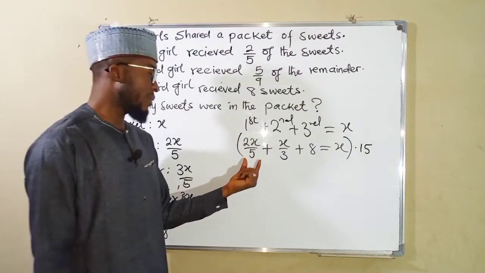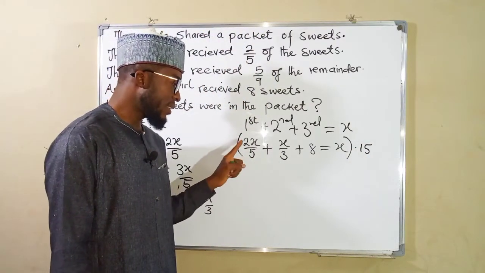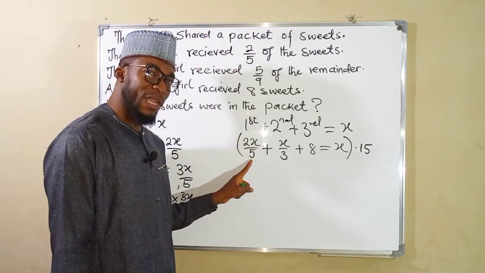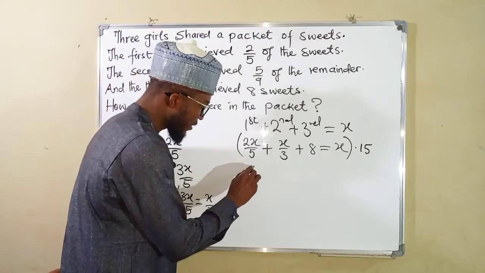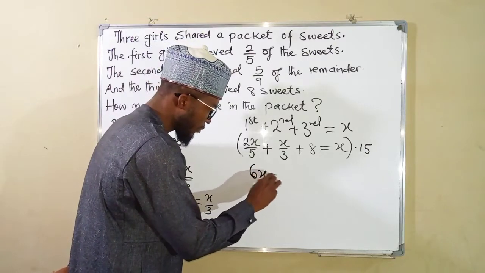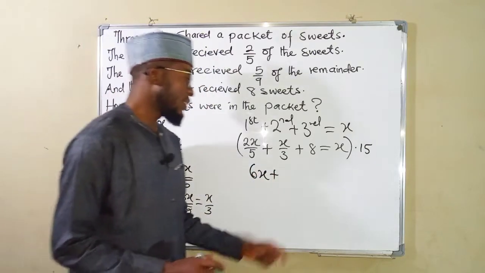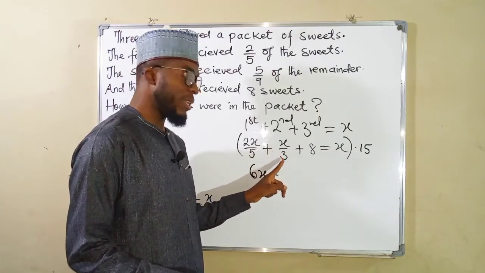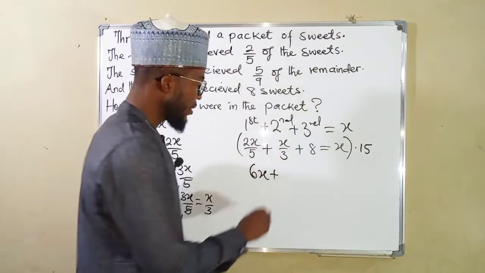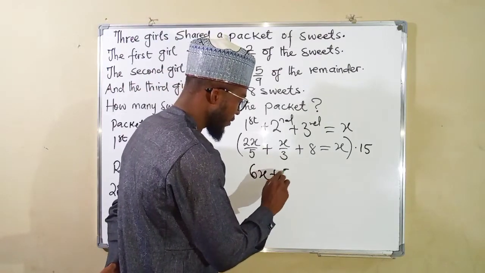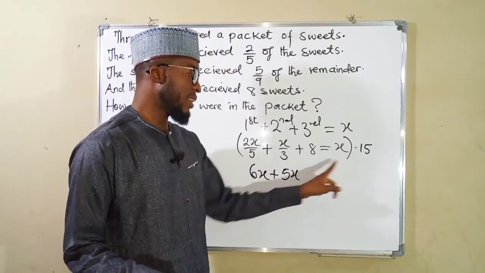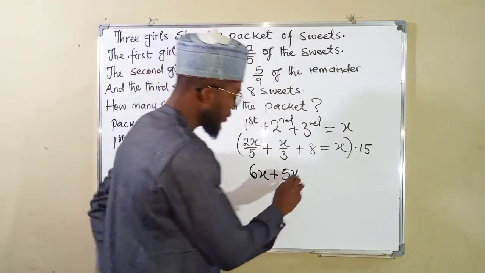We start with the first term here. 15 times 2 is going to be 30. But 30 divided by 5 is 6. So we have 6x plus 15 times x is 15x, divided by 3 is going to be 5x. 15 times 8 is 120.